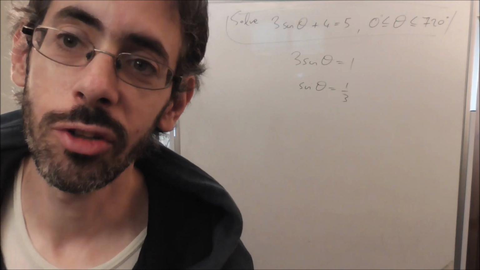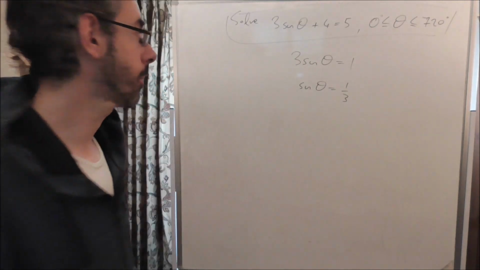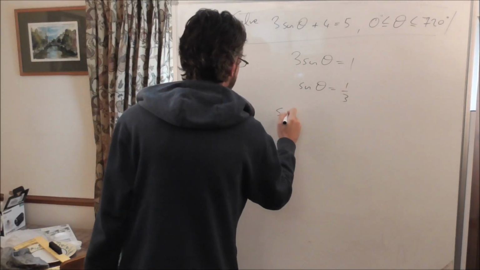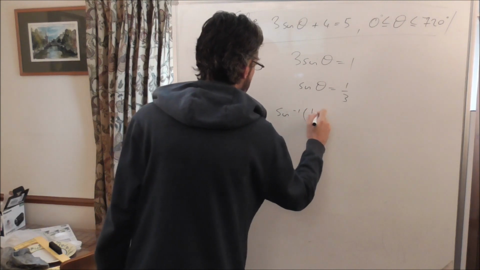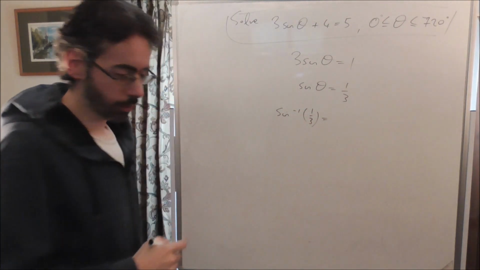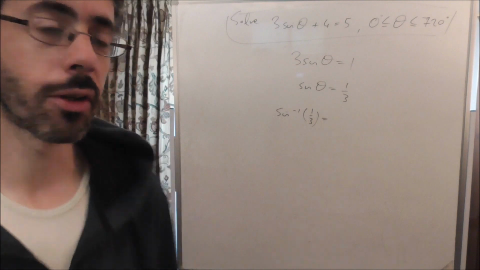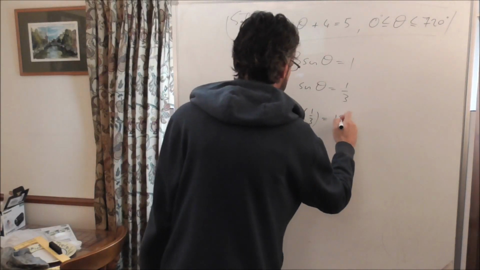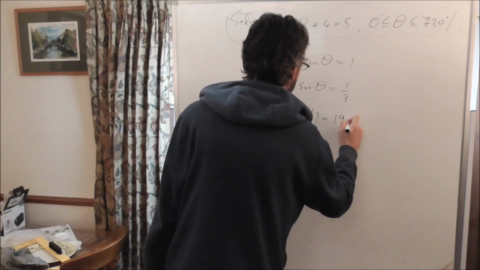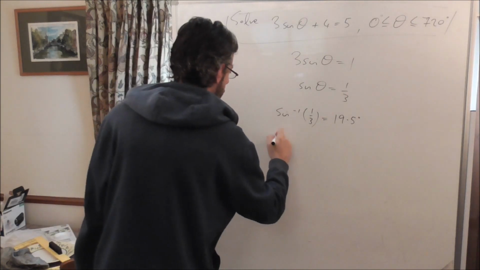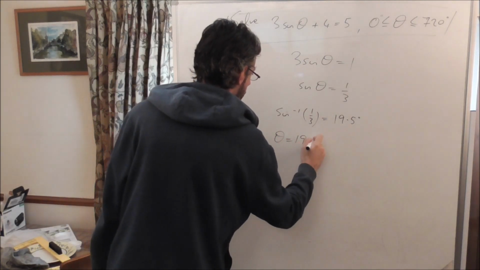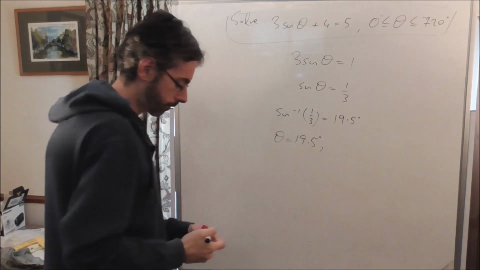To get that first solution, you just press inverse sine of 1/3. And if you do that, you'll get 19.5 on the calculator. So 19.5. And that is in range, so we can take that as our first solution. So theta equals 19.5 is the first solution.